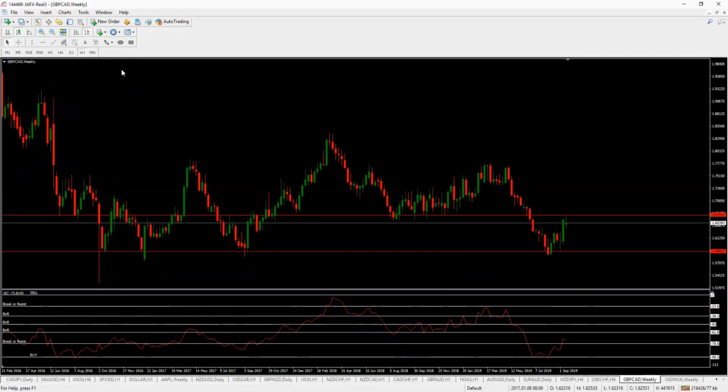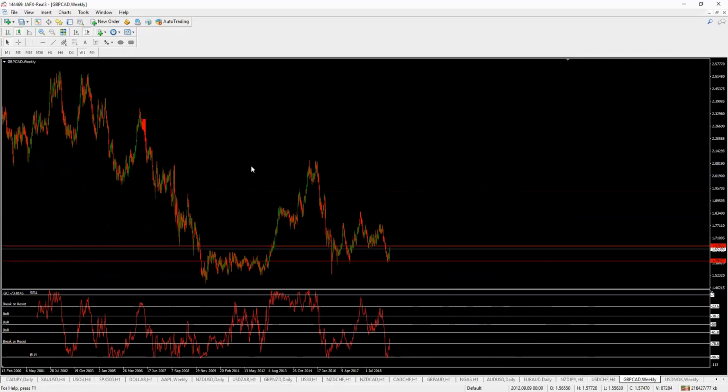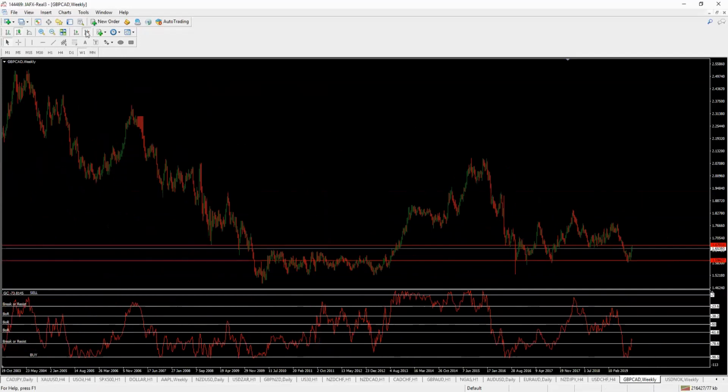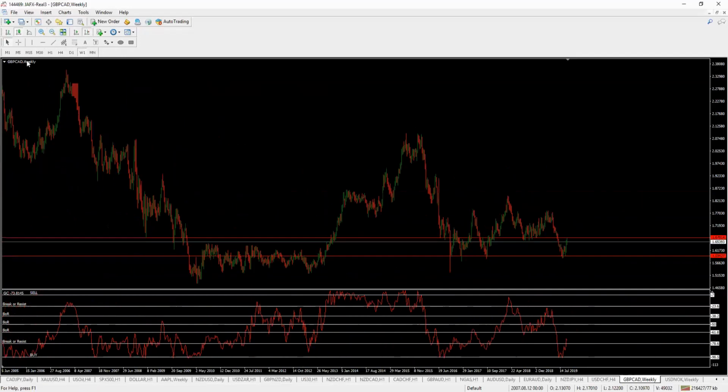Now we're on this weekly. I want to plot these levels because level to level trading minimizes a lot of noise, right? So I see my low, I'm going to plot my support. Plot your support out.